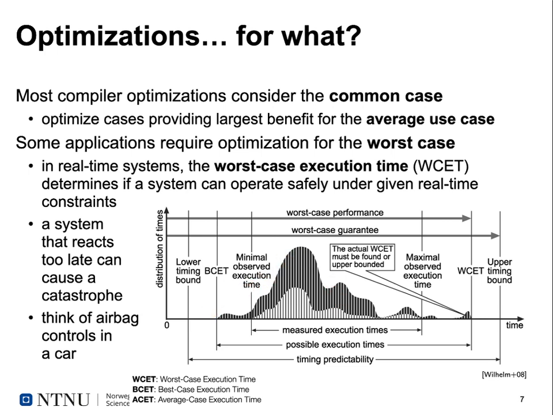And this is important because when you have a more complex program, your input space gets so complex that you can't do it with measurements alone. So for example, the light colored curve here would be the measured execution times of your program. But you see that there are some corner cases in which the worst case execution time is much higher than your measured execution time.